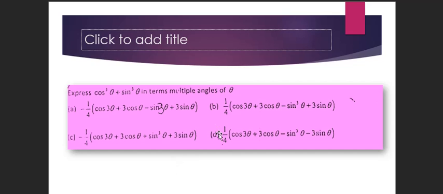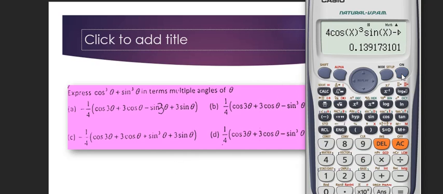Let's say we have cos cube theta plus sine cube theta. Let's choose our x value. Let's choose x to be 3.